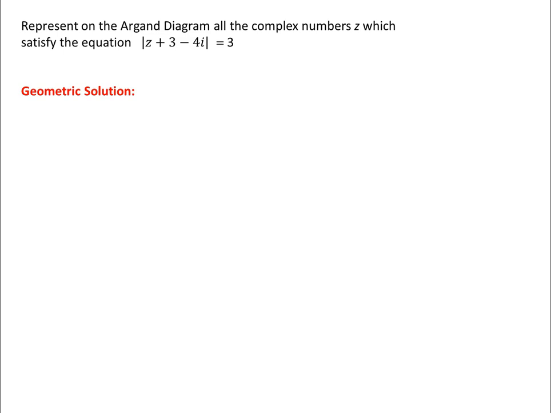Now I can rewrite the condition the modulus of z plus 3 minus 4i equals 3 as the modulus of z minus minus 3 plus 4i equals 3. And the reason I've done that is that I know that the modulus of z minus w represents the distance of z from w.